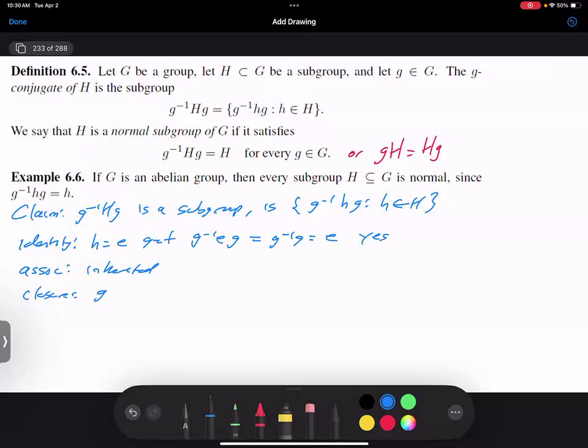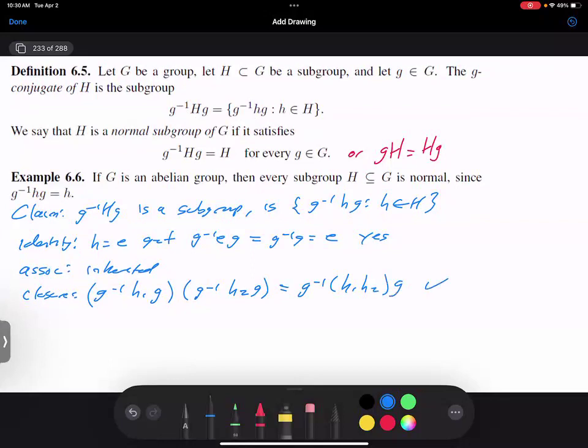And so if we have g inverse h1 g times g inverse h2 g, what do you notice? They cancel. And so this just becomes g inverse h1 h2 g.